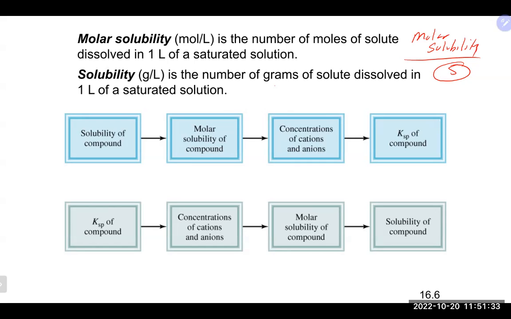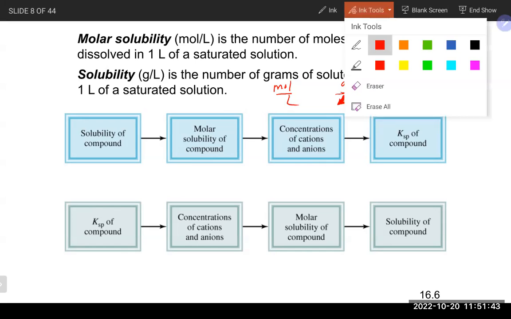If I have molar solubility and I want to go between molar solubility and grams per liter, what is the thing that allows me to go between those two?